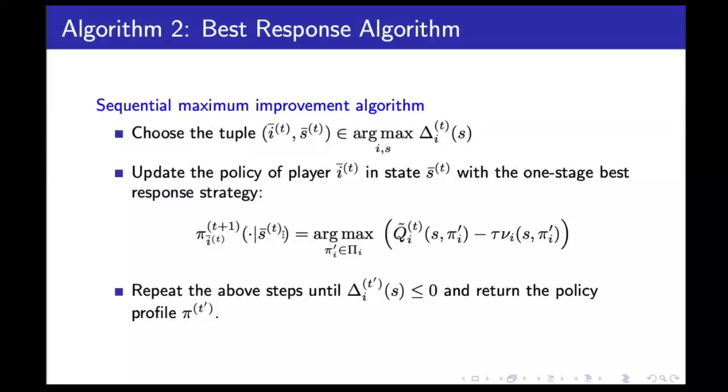And here is the idea of the algorithm. We choose a player and the state that can give you maximum improvement. And we only improve this player's policy at this given state using the one-stage best response. And repeat these steps until no further improvement can be done, and then return the policy.